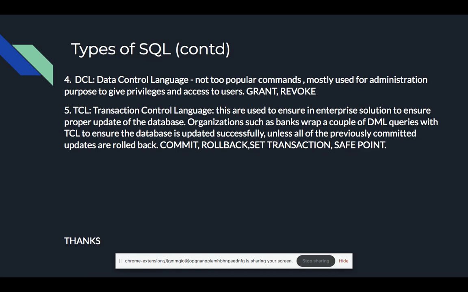TCL has this mechanism where you can wrap all your DML and DQL queries in a TCL command known as a transaction, so that if any of them fail, you can call a rollback. A rollback will ensure that everything goes back to the state that it was before.